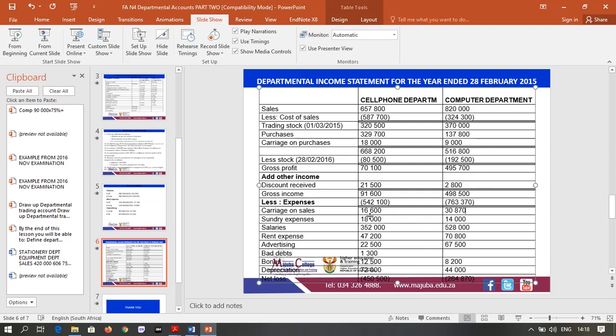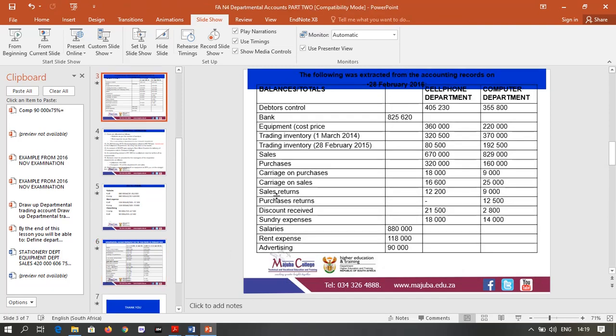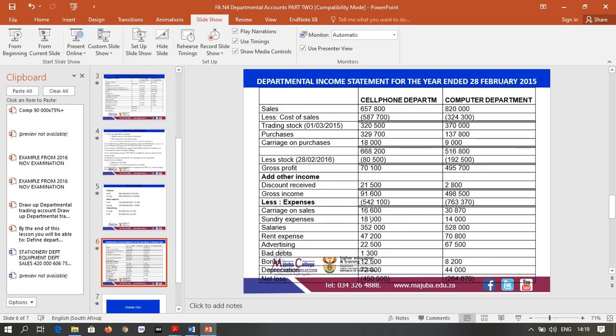There's nothing said about carriage on sales under the cell phone department. Then another account we have is sundry expenses, 18,000 and 14,000. Nothing has been said about that, so you put 18,000 and 14,000 as it is.